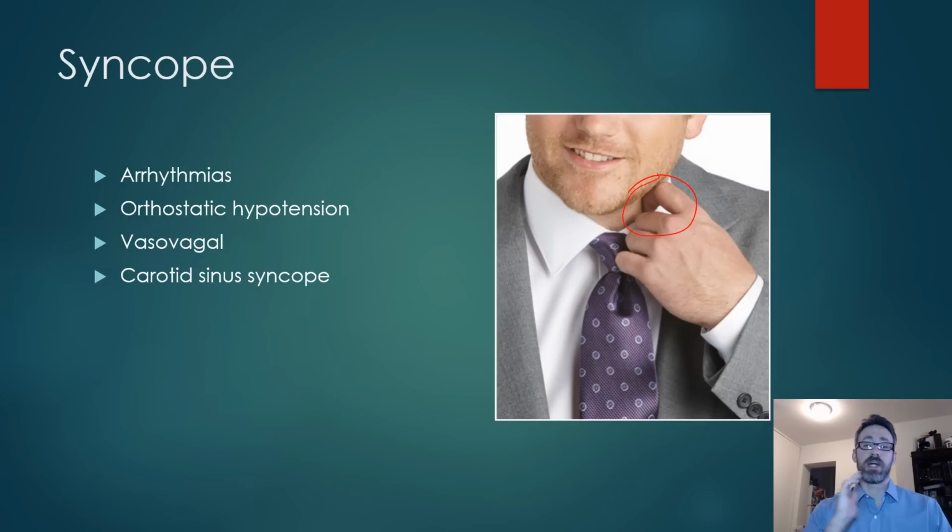Remember, a little pressure there causes the brain to think that there's an increase in blood pressure, so the output is to slow the heart rate down and vasodilate and so on, and so that would decrease the blood pressure. If it's very sensitive, there's just barely touching it, or in cases like this where there's the collar, if this collar is high enough and it's rubbing on that carotid sinus, it could actually inadvertently give the signal to slow the heart rate down and cause them to kind of pass out.